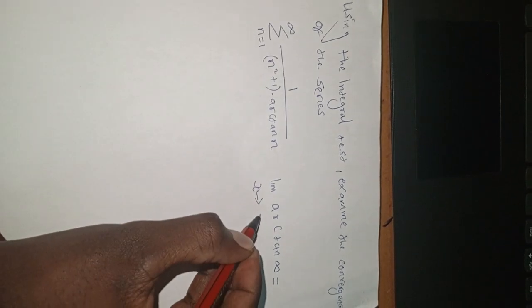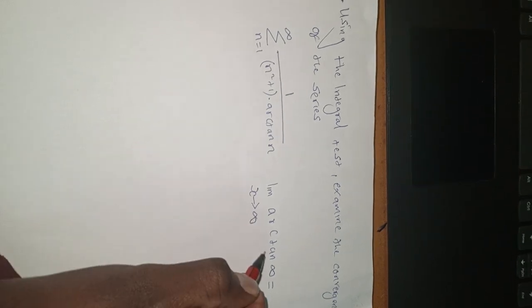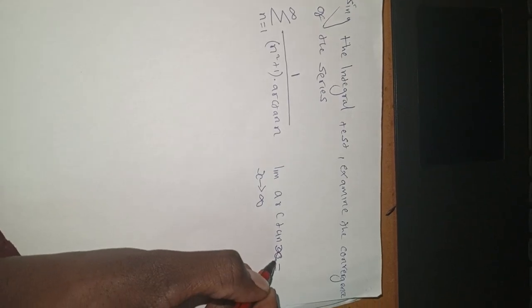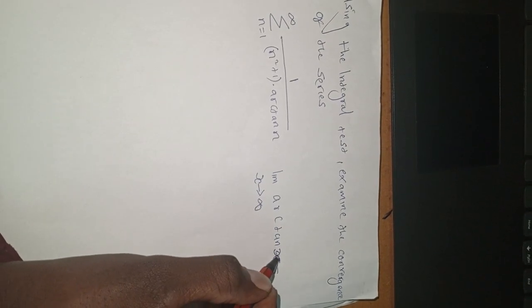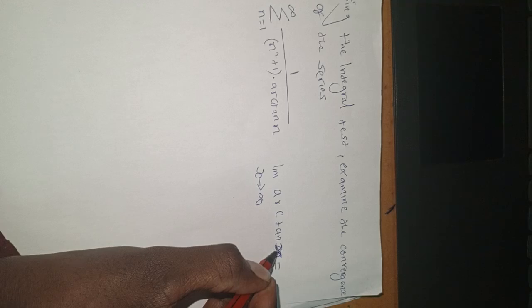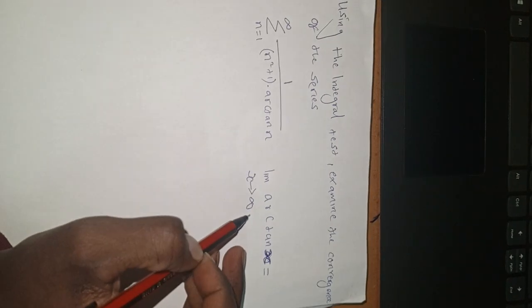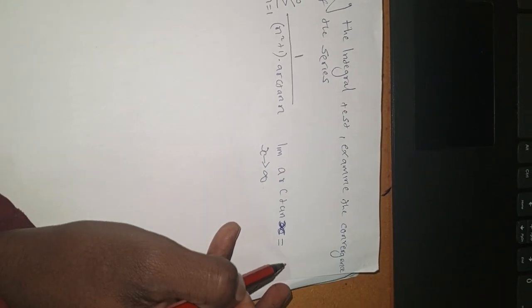I'll say x approaches infinity. Then let me replace this infinity with x. So now the limit of arctan x as x approaches infinity, we need to find this value, which means we are plugging in infinity for x.